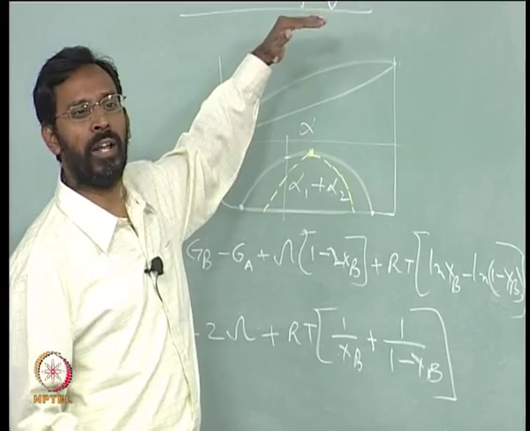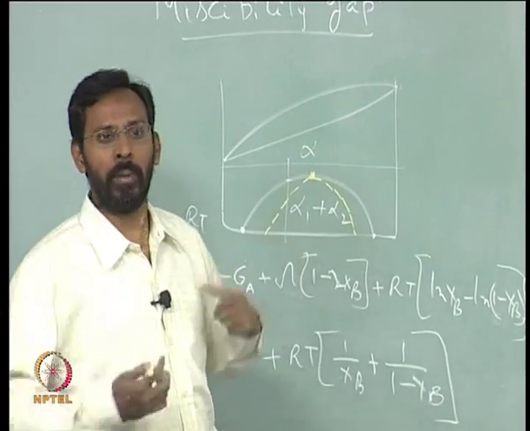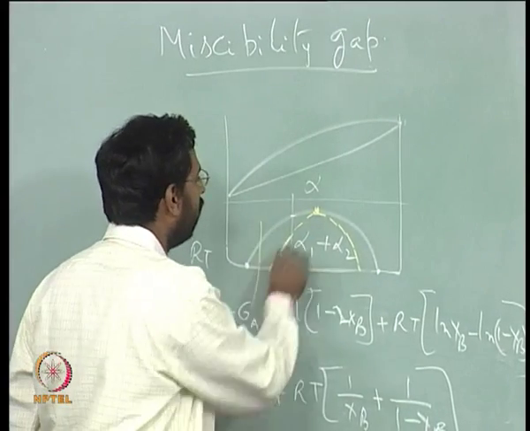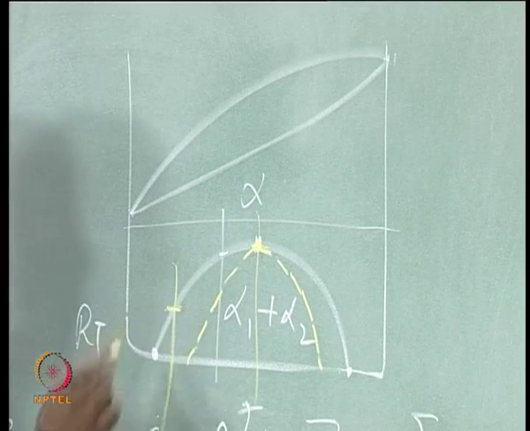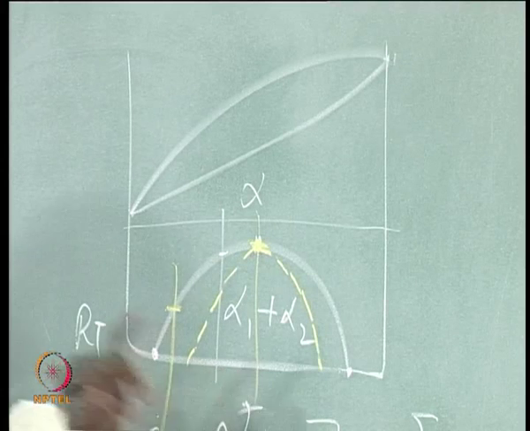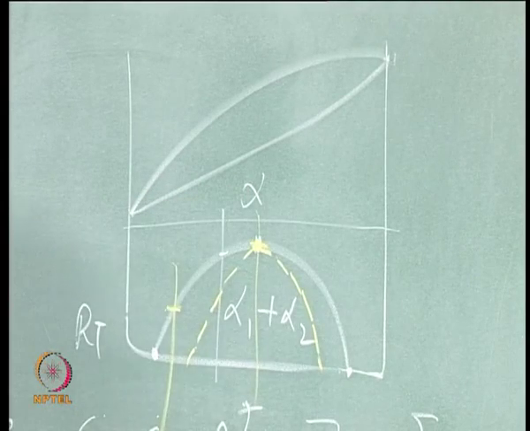You need a higher temperature to overcome that misfit, to accommodate that misfit. That is the reason why the Tc is lower here, Tc is higher here. This is the Tc for this alloy, this is the Tc for this alloy. So at 50-50 you have more strains, so you need a higher temperature to accommodate those strains, so that you get a single phase solid solution.